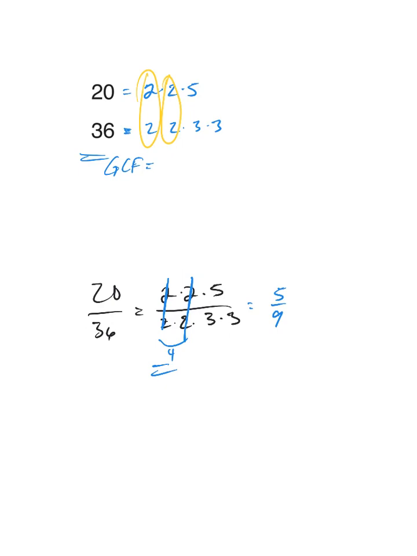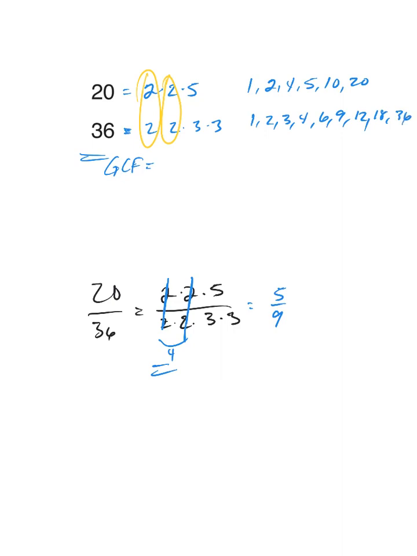If I look, 20's factors are 1, 2, 4, 5, 10, and 20. 36's factors are 1, 2, 3, 4, 6, 9, 3 times 12, 2 times 18, and 36.